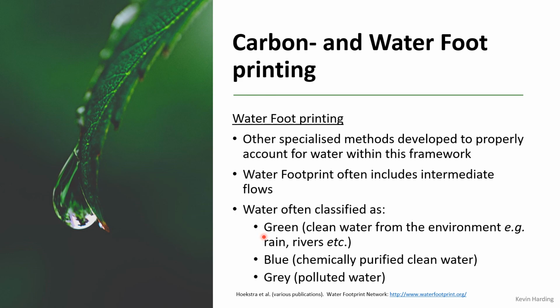Firstly, there is going to be green water, and that is clean water from the environment. That could come from rain, rivers, probably not the ocean because that's salt water, any other natural water resources. So that includes going into a river as well as going out of a river. Rain also includes evaporation, so there might be evaporation involved here as well.